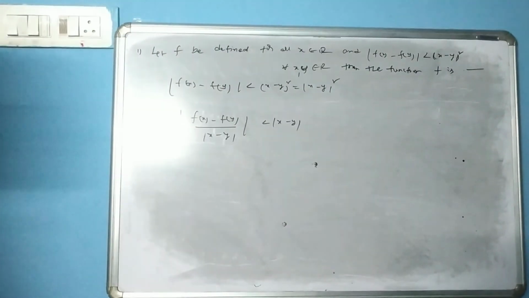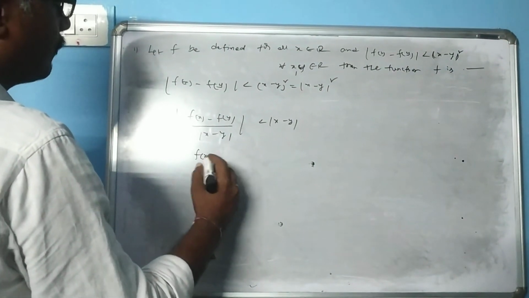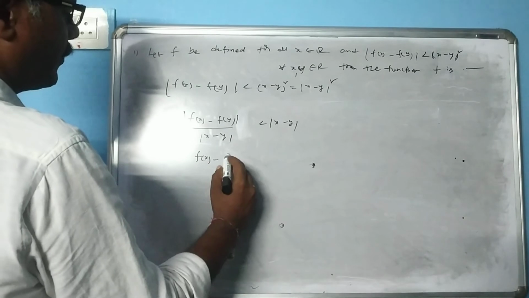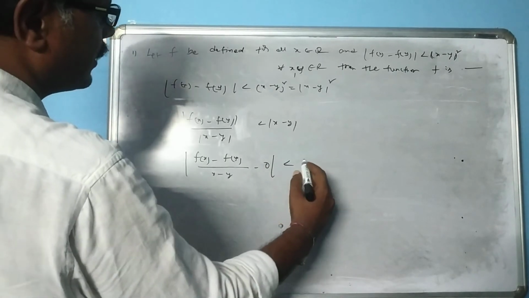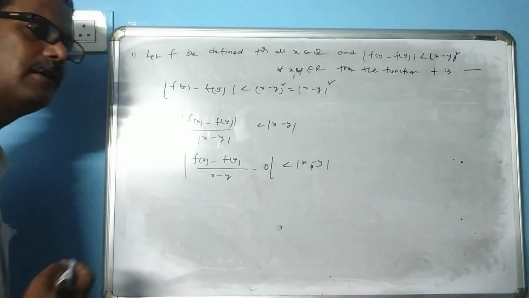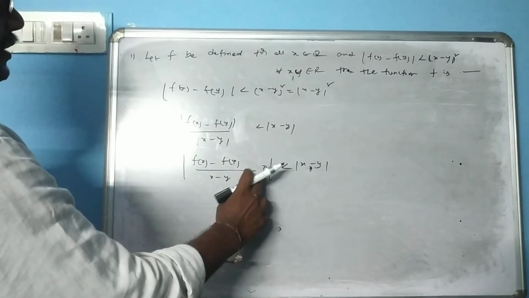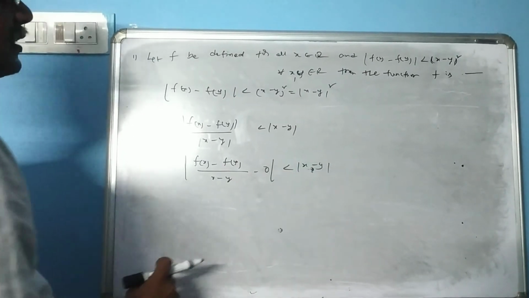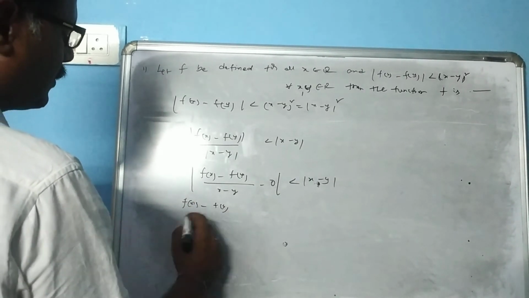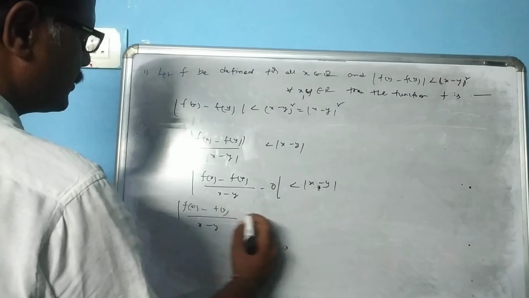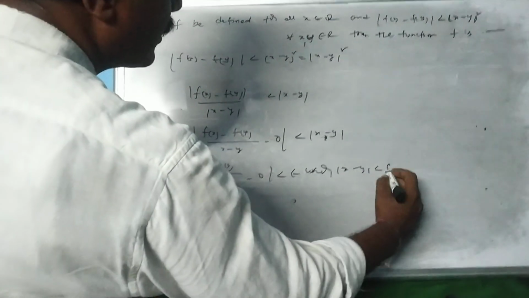Now I would write it like this: f of x minus f of y by x minus y, minus 0, is less than modulus of x minus y. By the definition, modulus of f of x minus f of y by x minus y minus 0 is less than epsilon whenever modulus of x minus y is less than delta, where epsilon is equal to delta.